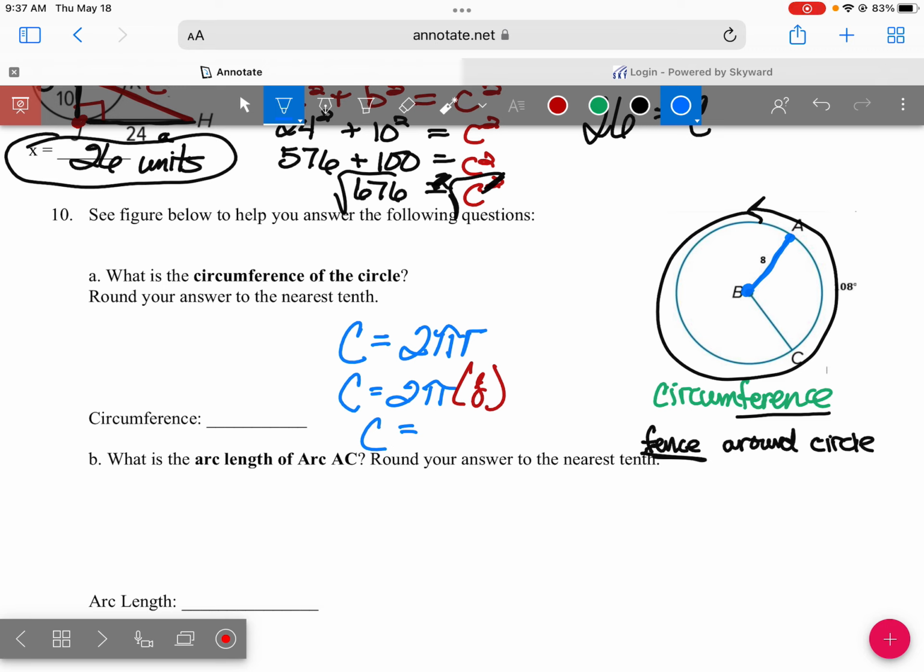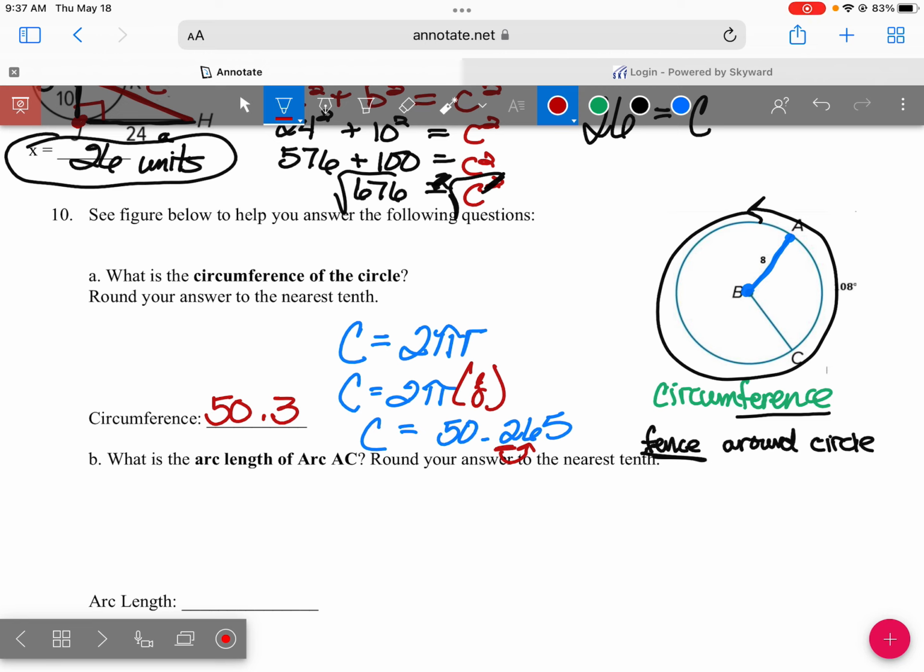Guys, you have the calculators in front of you. 2 times pi times 8. 16 pi, which is how much? 50.265. Round to the nearest tenth. Right, it's a 2. Look next door, 5 or more, it's going to go up. So that is 50.3.